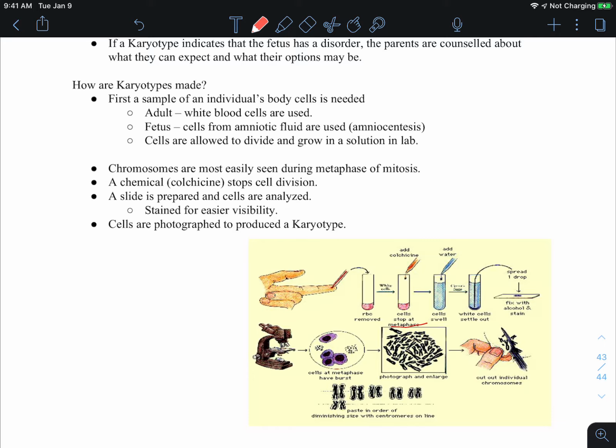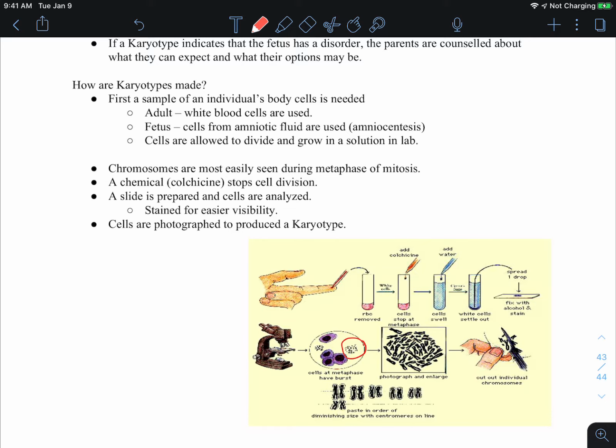And then we add some water, and when you add water to cells, they absorb the water through osmosis and the cells get very large. Then the white blood cells will settle out, and they can be spread upon a slide, fixed with some alcohol, and stained.